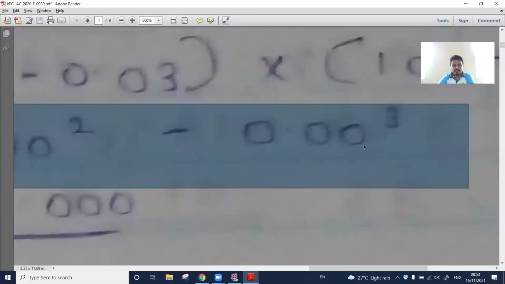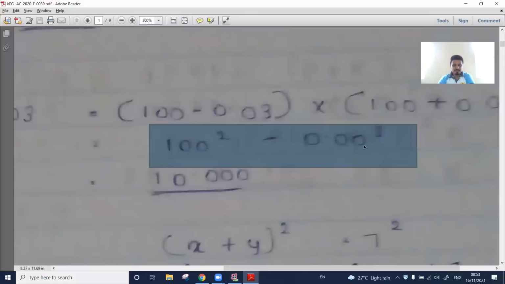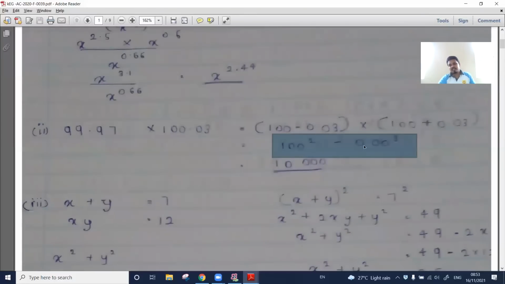Is this answer correct? Yes, the final answer should be 10,000 or 9,999.99 something. But here the answer is still wrong.